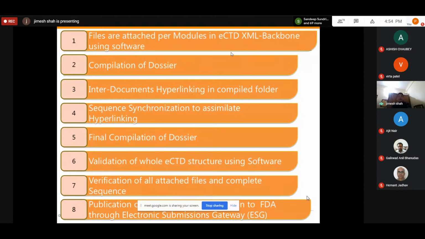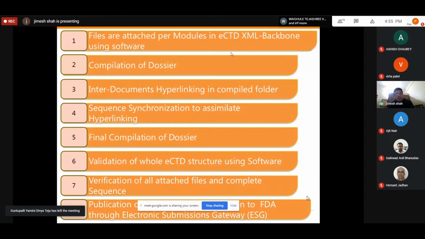Now, how we file the dossier. These are the common requirements for both Europe and the US FDA. First, we attach the files as per the module in the eCTD backbone using software. We can use any software available in the market that is US FDA and Europe compliant. Then we compile the full dossier, then insert document hyperlinking in the compiled folder.